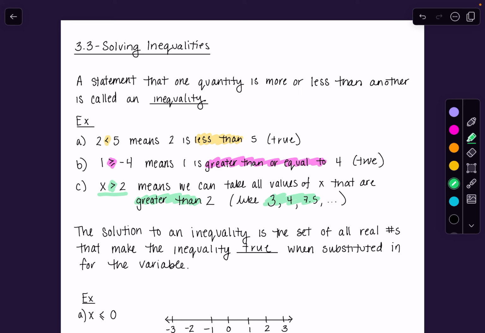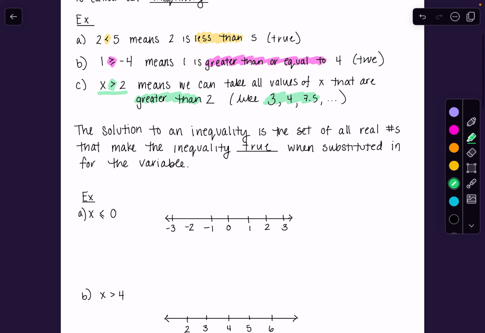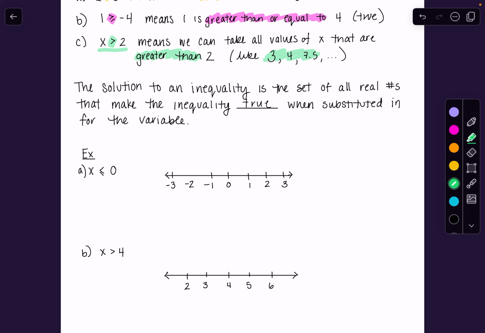So what we typically like to do is work with number lines for this. Let's try some examples where I'm going to graph these on a number line so you can see the values that would make this work. Looking at this first one, I can take values of x that are less than or equal to 0. If I tried to plug in 2, 2 is less than or equal to 0. That's definitely not a true statement, so that value doesn't work.